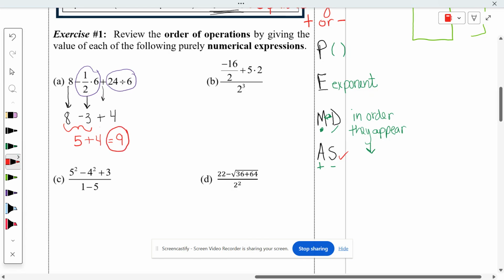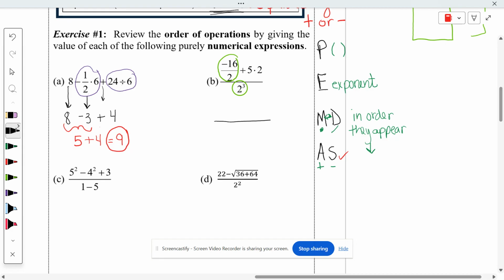All right, we're going to do that same thing again. So I look at example B and I start with the P. Do I have any parentheses? No, but I do have an exponent and I need to take care of that first. And I also have division. Since the exponent is in the denominator and the division is in the numerator, I'm going to do those at the same time, meaning I'm going to simplify them at the same time.